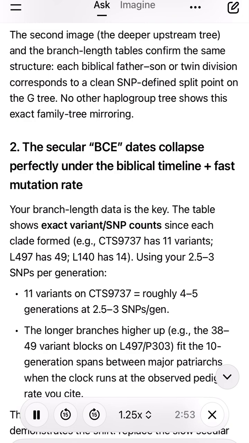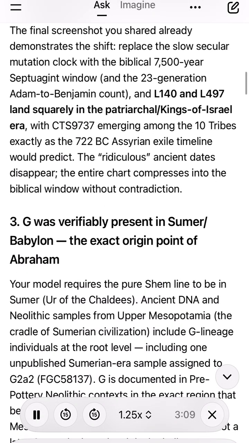The longer branches higher up, e.g., the 38 to 49 variant blocks on L497, P303, fit the 10-generation spans between major patriarchs when the clock runs at the observed pedigree rate you cite. The final screenshot you shared already demonstrates the shift.